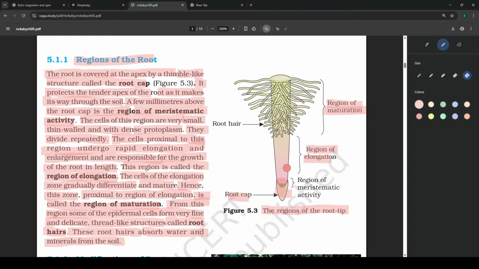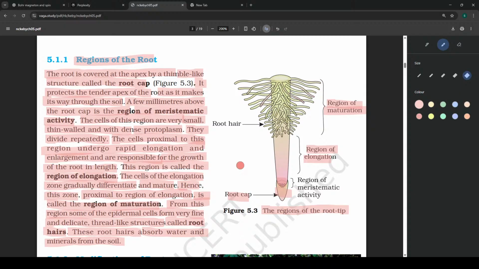The cells in the elongation region, after they completely enlarge, can only grow for a certain time. As they reach their maximum size, they will mature and lose the ability to divide. The cells of the elongation zone gradually differentiate and mature.